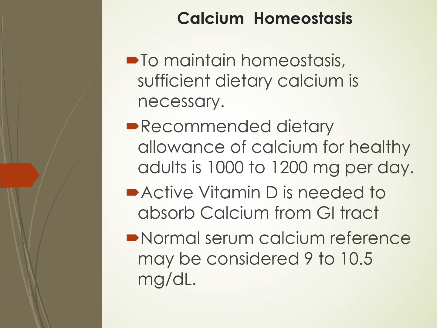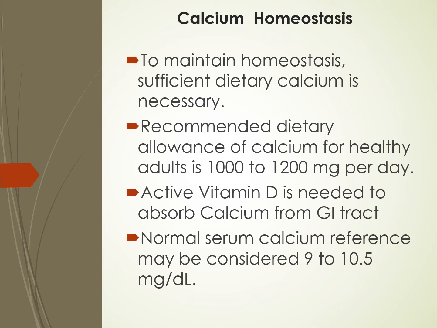Okay, just continuing along with calcium homeostasis a bit. To maintain homeostasis, you do need proper intake of dietary calcium, and typically that amount is 1,000 to 1,200 milligrams per day for an adult. Okay.